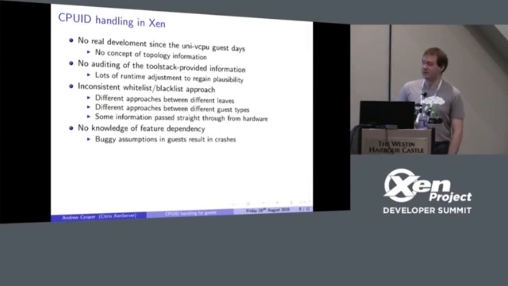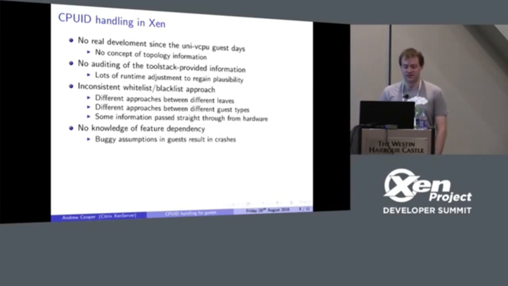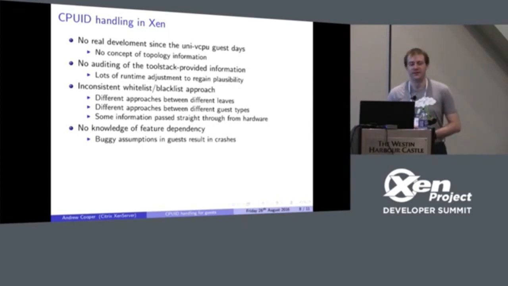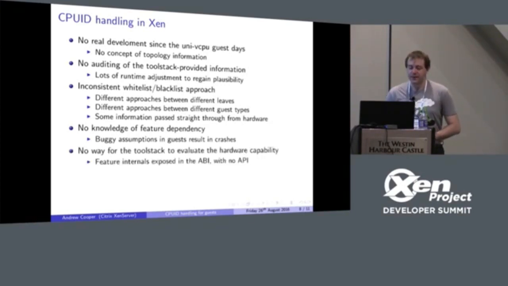Both of these resulted in user space crashes, and they existed because of bad dependency logic in the hypervisor where we took out one feature bit and not a dependent feature bit. As a result, you ended up with a technically correct, according to the spec, set of features, but it's not a combination that's ever been seen on real hardware, and as a result, no one had ever tested that.